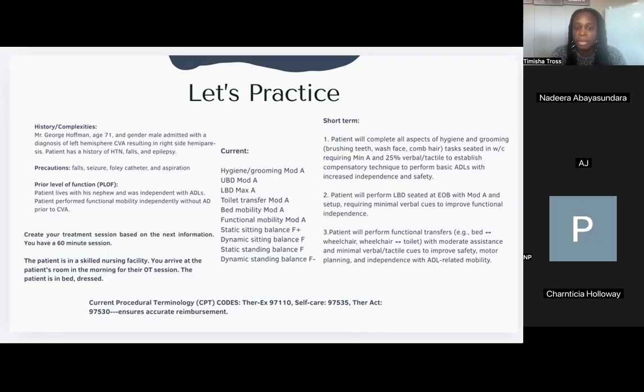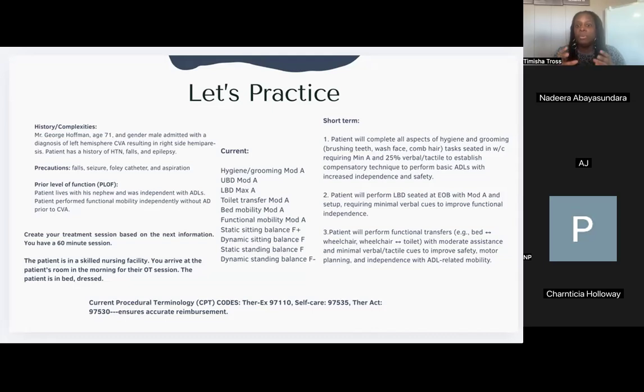If you see it at the bottom of the screen, this is pretty universal. I did only put three, so we'll base it off of just these three, but there are a lot more. And this is what we use when we are documenting. A lot of times this is used in skilled nursing facilities. If you're working in, let's say, a school system or a pediatric clinic, this might look a little bit different, but usually there are therapy codes.